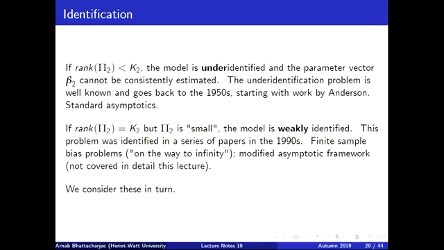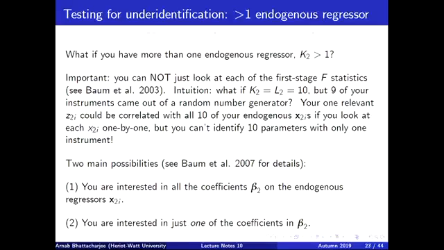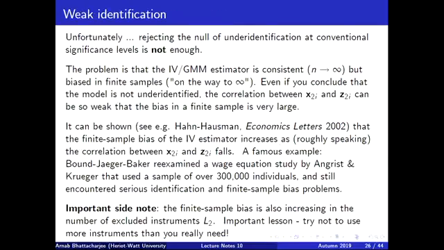Okay, so I'm going to set down concepts in a little bit and then proceed from there. Okay, so we have rejected under-identification. Big deal, because our instruments may be weak.